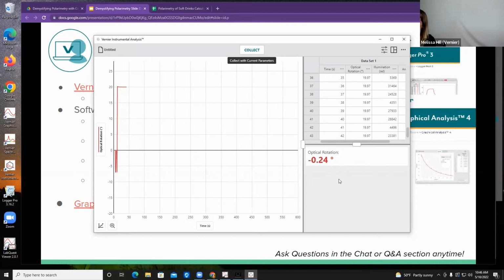When I switch it out and put in my fructose sample, I get my optical rotation without having to do the waveform or the calculation. Some people really like that, and some people really want to use it for kinetics and just put it in and run kinetics reactions. So it really depends on your motivation behind why you want a polarimeter in your classroom in the first place.